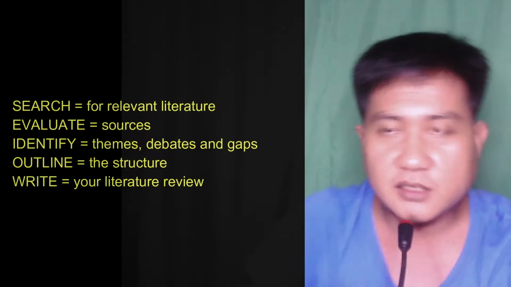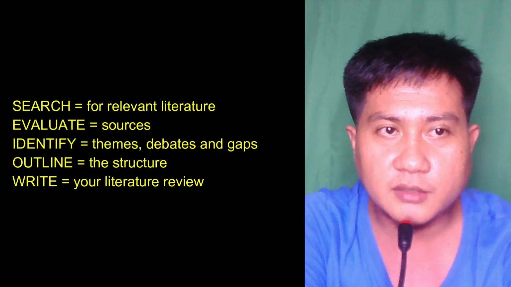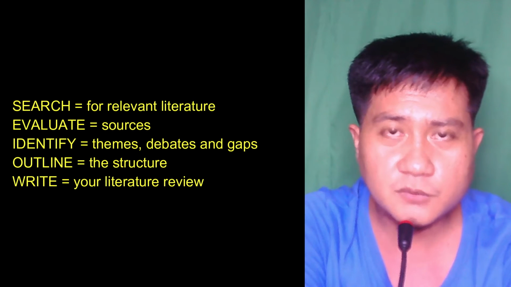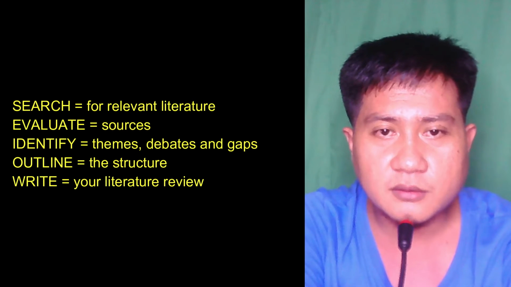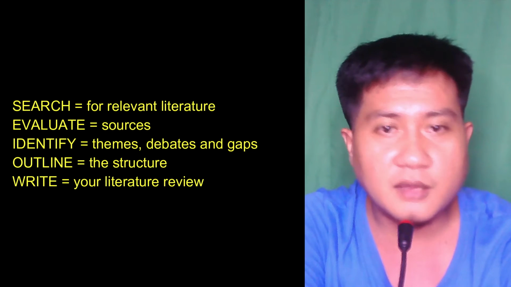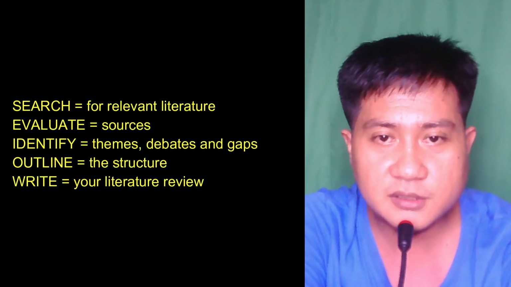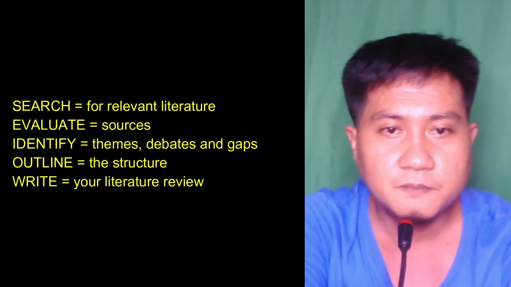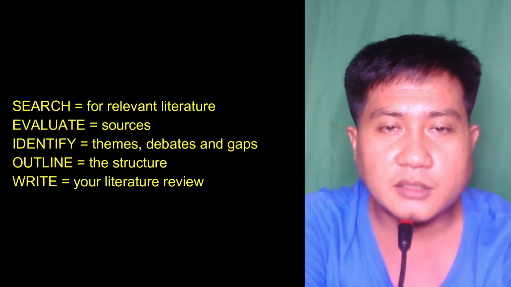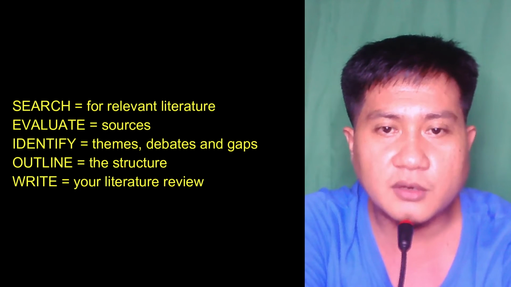So there are at least 5 steps in writing a literature review or the review of your related literature. Number 1 is search for relevant literature, then evaluate your sources, identify themes, debates, and gaps, outline the structure of your literature review, then write your literature review.